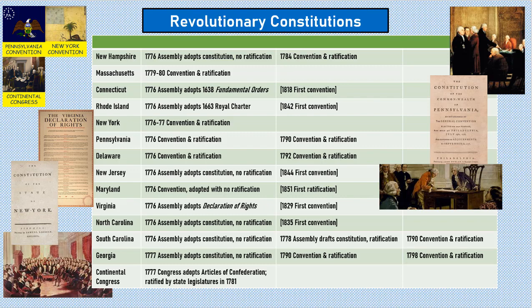There are a dozen or more constitutions or drafts of constitutions floating around. The delegates sitting in these different state assemblies and state conventions are writing letters to each other and describing, well, this is how we're shaping the Senate down here in Delaware. What are you guys doing up there in Massachusetts? What is your Senate like?